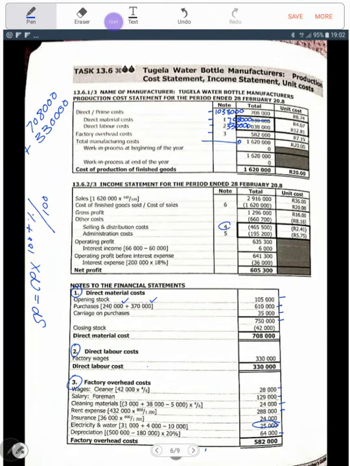So there's our selling, note 4 and note 5. I added those two together to get the total of other costs. Once I have that, I'm taking the gross profit, I'm subtracting other costs, which will give me an operating profit of 635,300 rand.